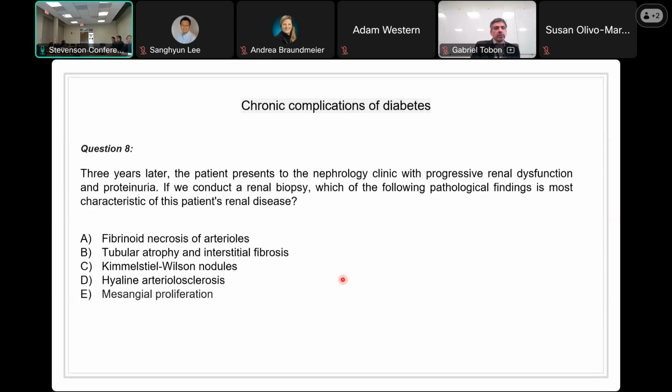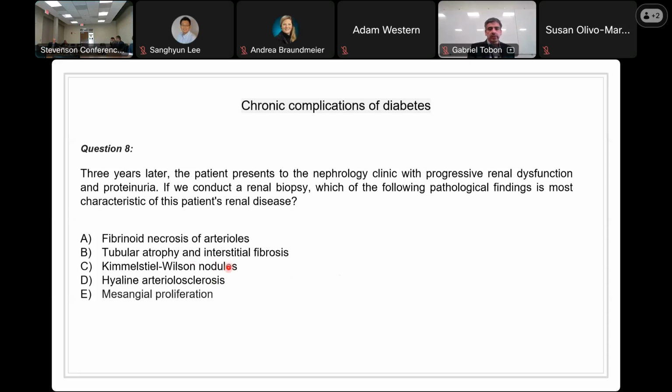Another important strategy is using the same case with a timeline progression. So, for example, the same patient, but 3 years later, the patient presents to the nephrology clinic with a different complication, with proteinuria. So if we take a renal biopsy, we think about renal or diabetic nephropathy. What do we expect in the biopsy?